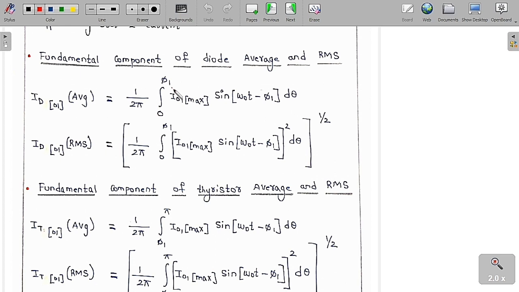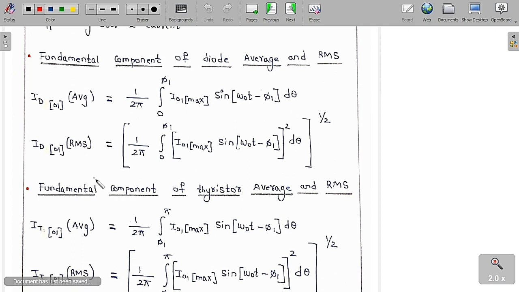Whenever the diode is conducting, the diode current is the negative of the load current, so the fundamental component of the diode current is the negative of the fundamental component of the load current. So we keep the negative sign: minus I01 max into sine of omega naught t minus phi 1 into d theta.